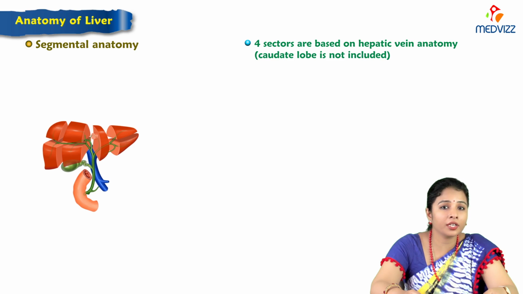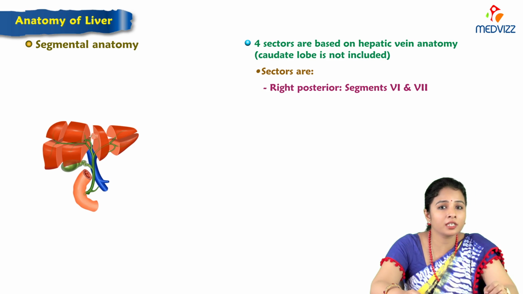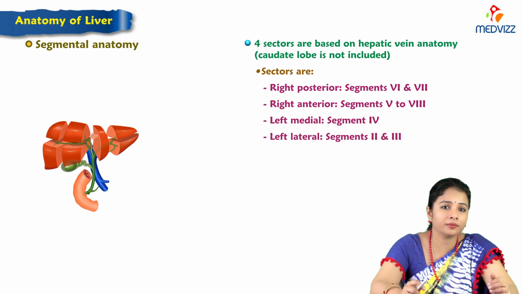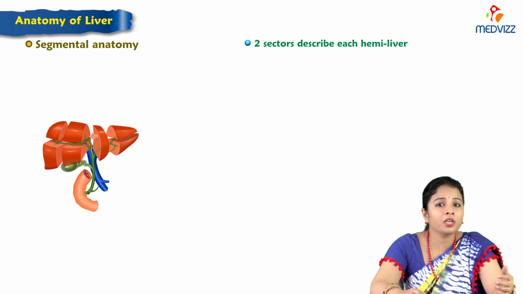The caudate lobe is not included here. These sectors are the right posterior segment, segments 6 and 7, right anterior segment, segments 5 and 8, left medial segment, segment 4, and left lateral segments, segments 2 and 3. The 2 sectors describe each hemiliver, right and left.